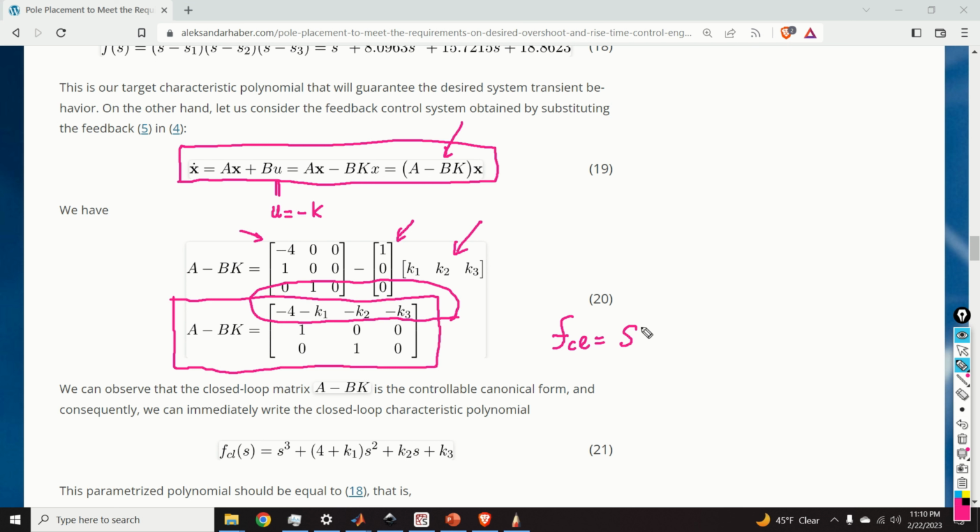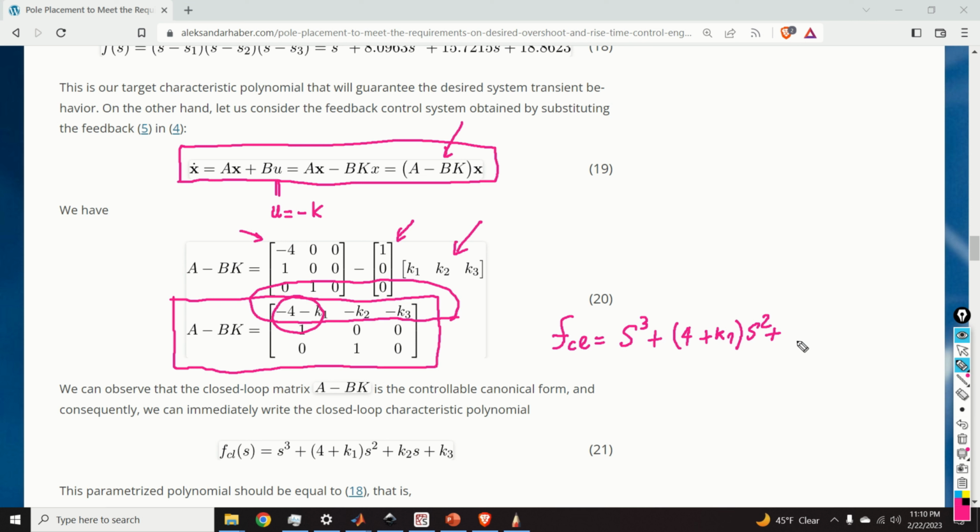It's a third-order system, and you can see immediately that the first coefficient multiplying s squared is this term over here. So it's (4 plus k1) times s squared, so it's minus this coefficient over here.